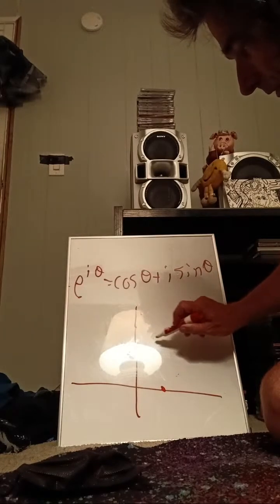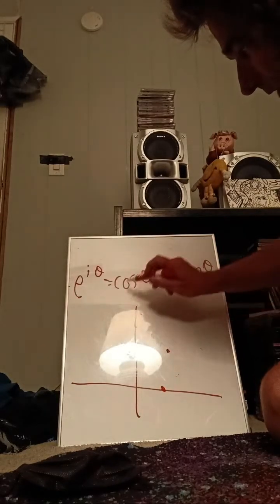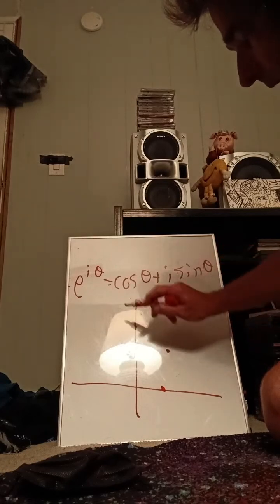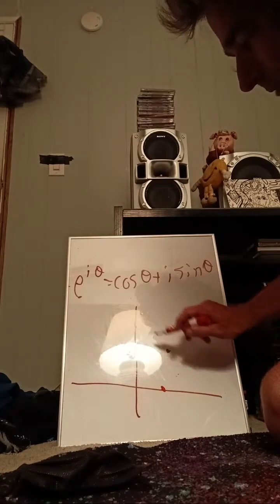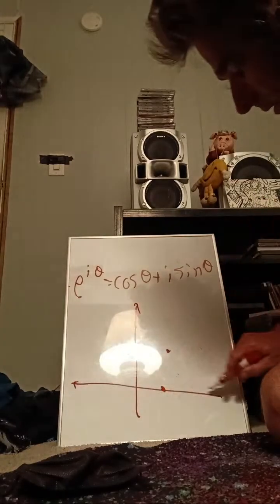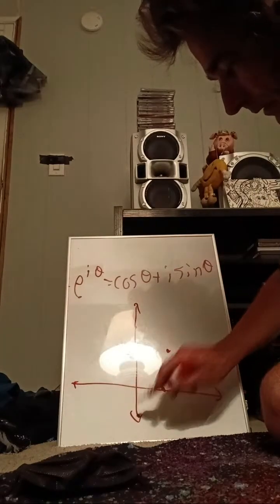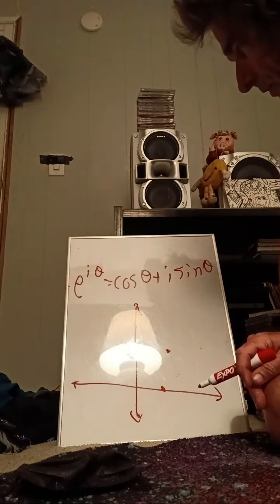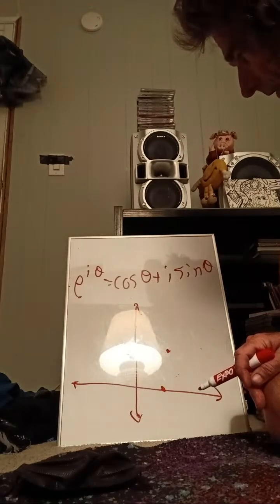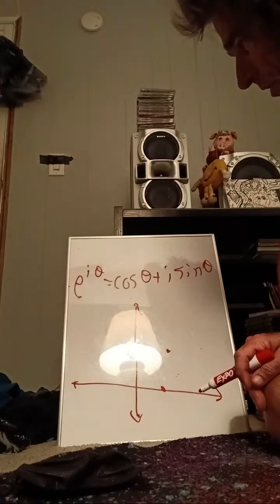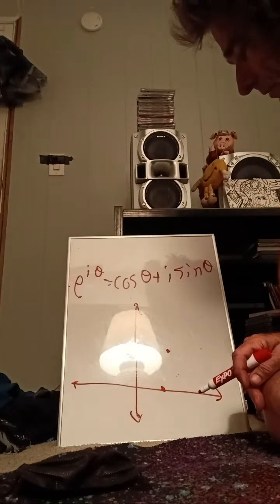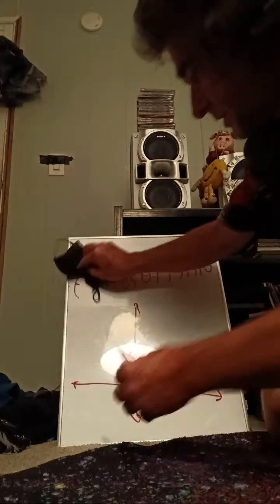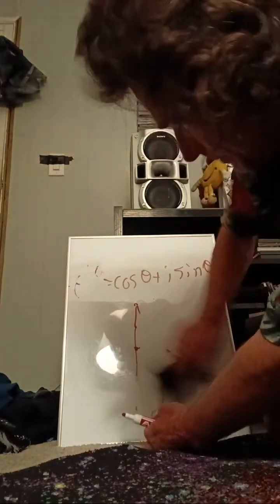And then the sum, cosine theta plus i sine theta, is a complex number, maybe right here on the complex plane. So, what do we want to do with this first? I want to show an example, a special case of this, which leads to something called Euler's identity.